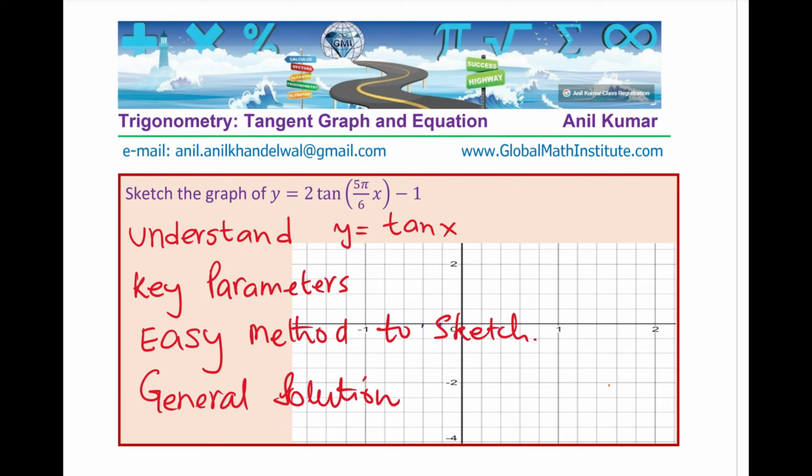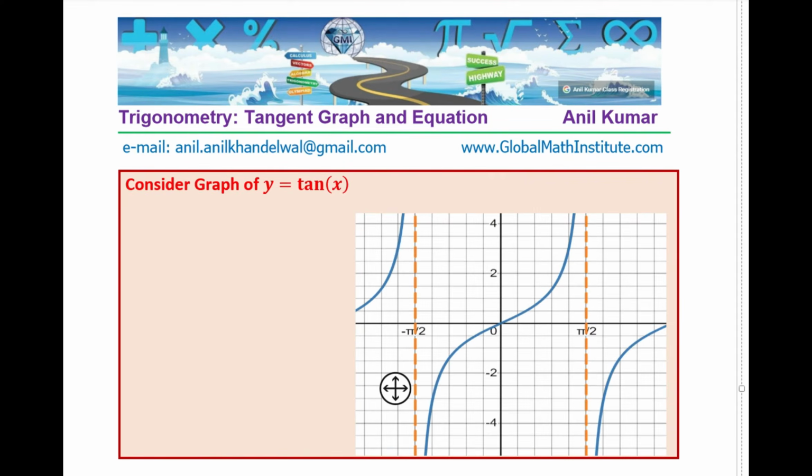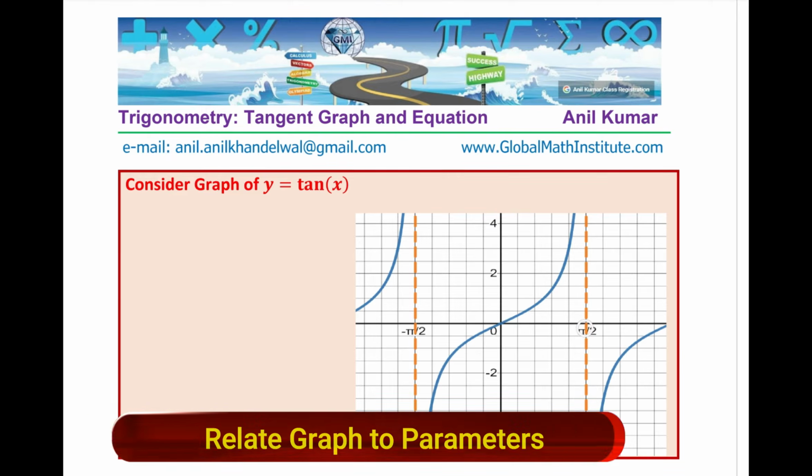So let me begin with the tan x graph itself. Most of you know how to sketch a tan function. As you can see here, the tan function has vertical asymptotes at minus pi by 2 and plus pi by 2.